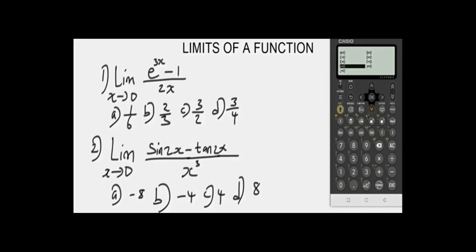So we want to store the value of x as 0 plus 0.001. That's what we want. Let's press execute. It will show you that x has been stored as 1 times 10 to the power negative 3, which is equivalent to when you add 0 plus 0.001.